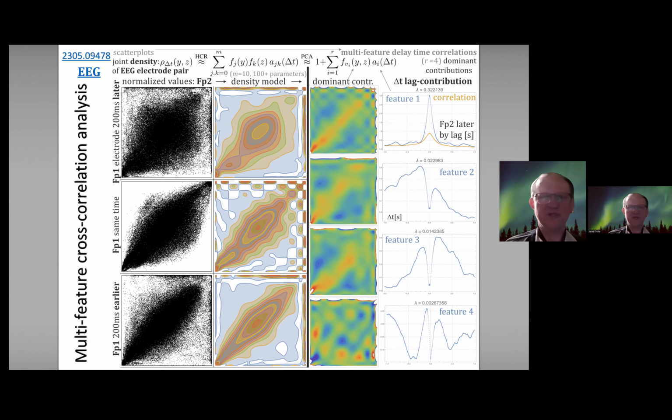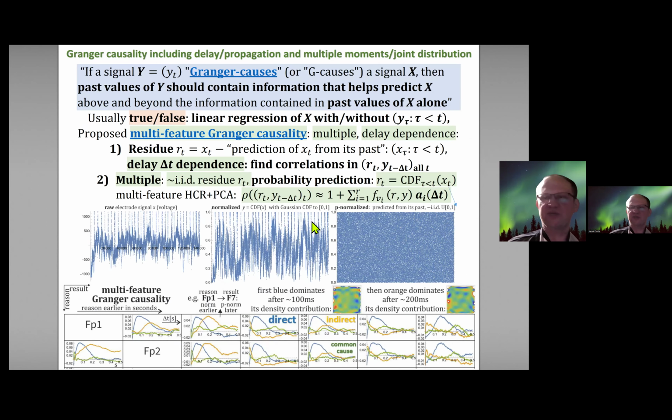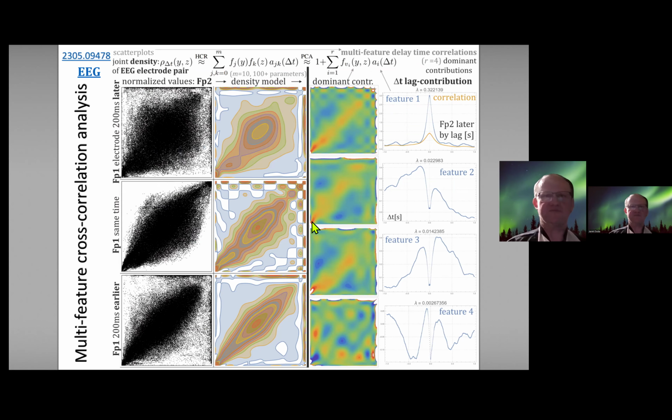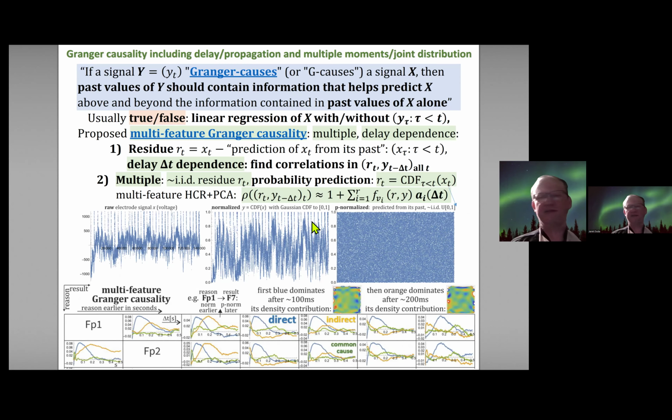But the best application of these kinds of approaches, I think, is for Granger causality. In Granger causality, we have one time series and a second one, and the question is: if you would like to predict the first from its past, and you add the second, can we improve the prediction?